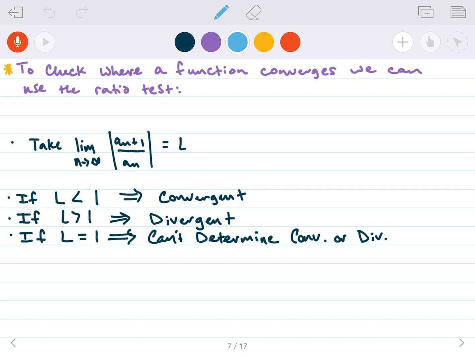Basically, we take the limit of the function, subbing in n plus 1 for the numerator, and we divide that by just the regular sequence, a sub n. We're going to get some kind of limit. If the limit is less than 1, we know that the series converges. If it's greater than 1, the series diverges. And if it equals 1, we can't determine convergence or divergence. Okay?